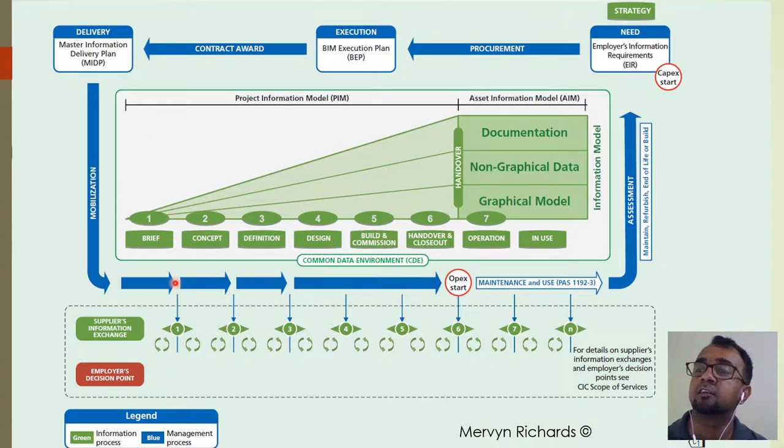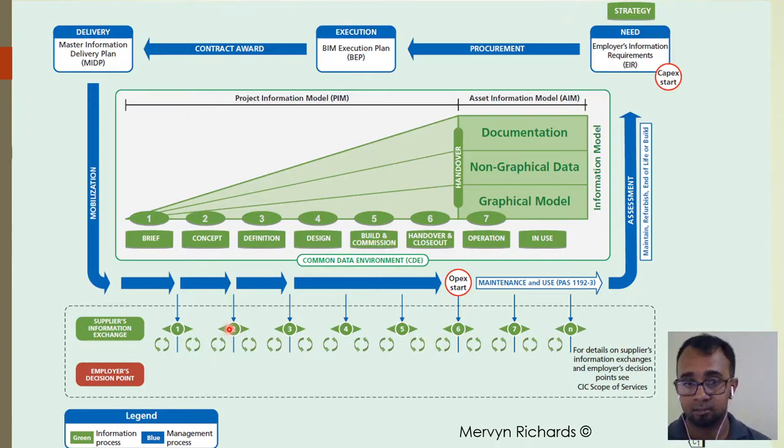You can see that there are critical points which identify validation of information exchange between supply team members. Here suppliers are information suppliers. So these are some key points or critical points where you want to make sure that information exchange has been properly done.